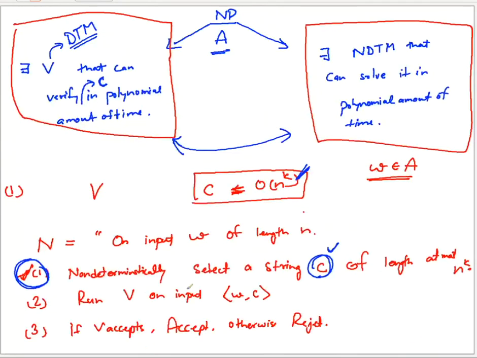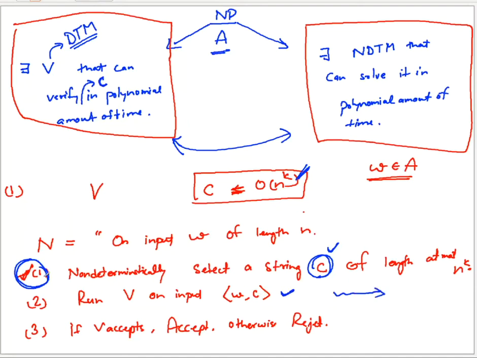So given a verifier, it is very easy to construct a non-deterministic Turing machine. And because this verifier is already a polynomial time deterministic machine, even the non-deterministic machine is going to take polynomial amount of time, because it is a sequential process on the verifier.